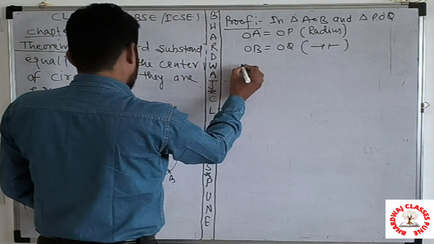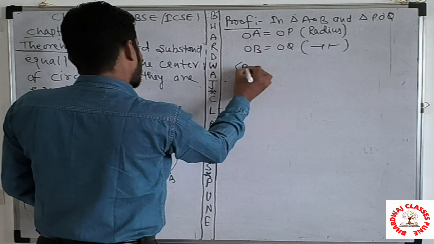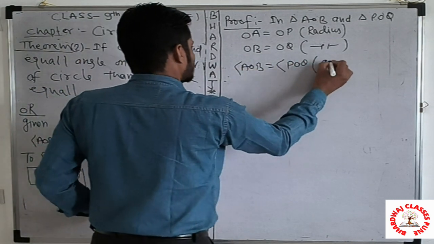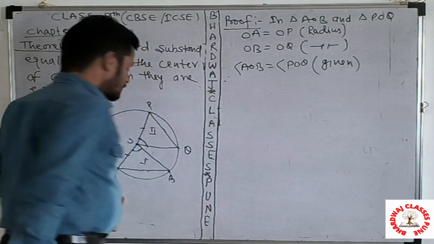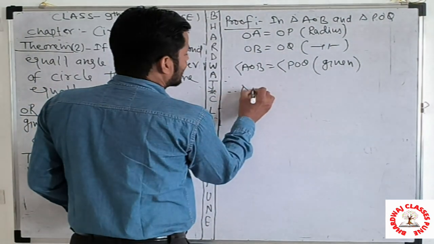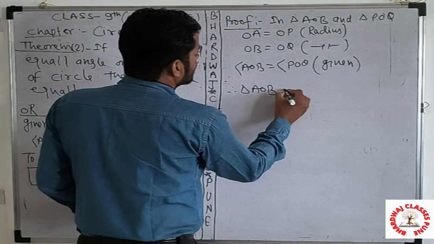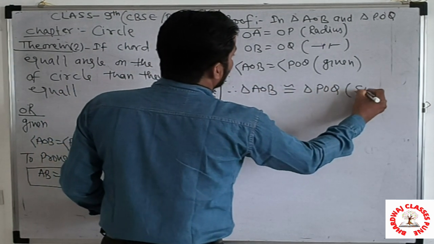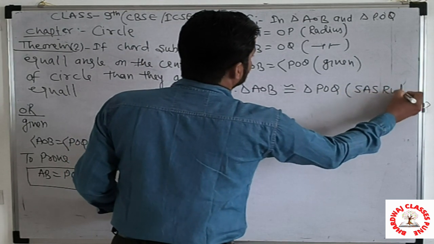And next, angle AOB is equal to angle POQ, it is given. Therefore triangle AOB is congruent to triangle POQ by the side-angle-side rule.